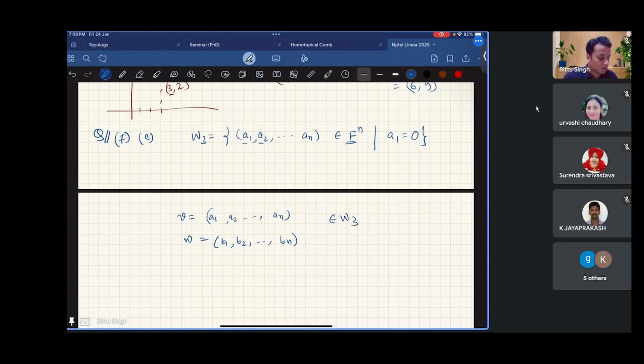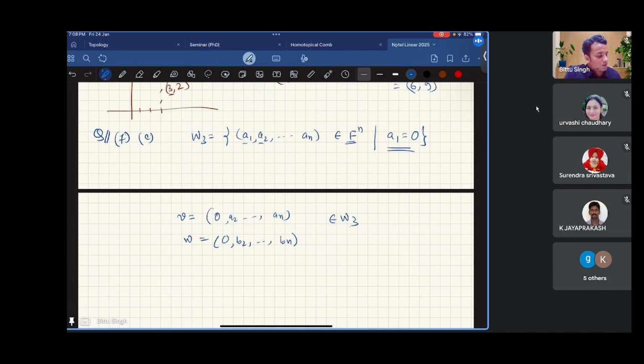What is the meaning of that? That v belongs to W3 means a1 should be 0, that is, the first entry is 0. Similarly, w belongs to W3. What is the meaning of this? This means the first entry is 0. This is the condition.